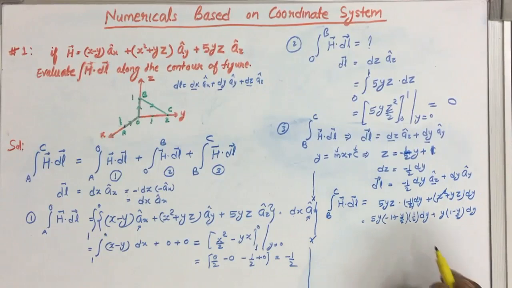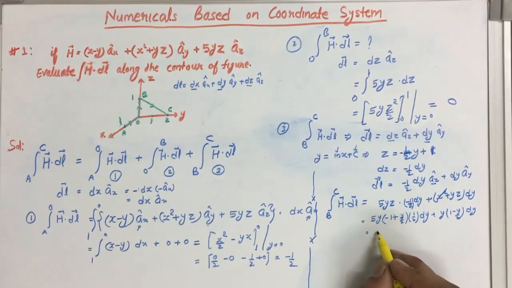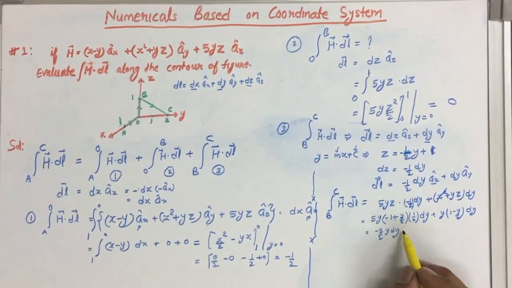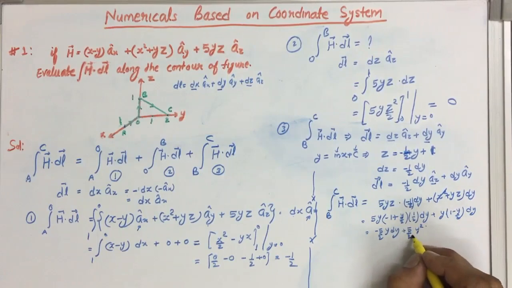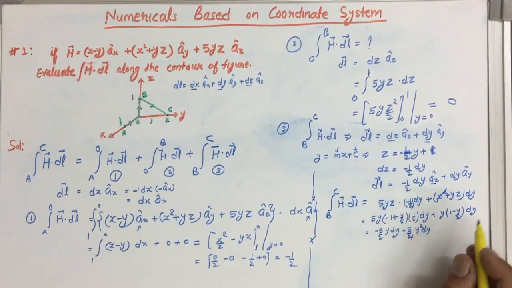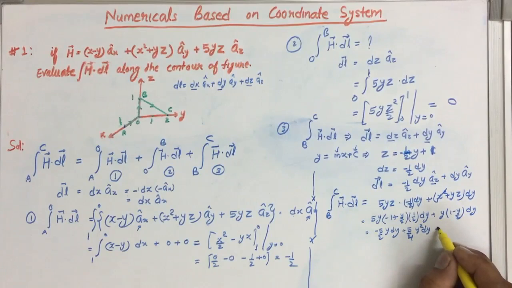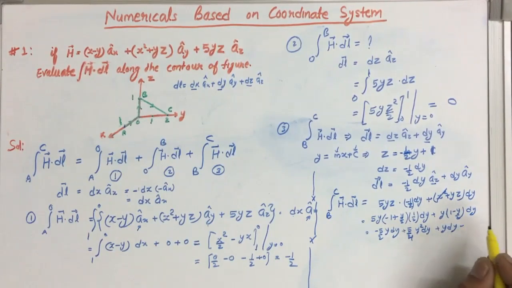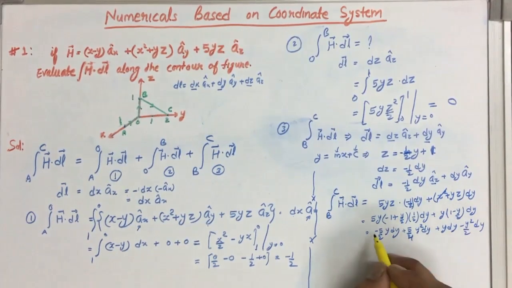Now solve it. You can say minus 5 by 2 y dy plus 5 by 4 y square dy plus y dy minus y square by 2 dy.